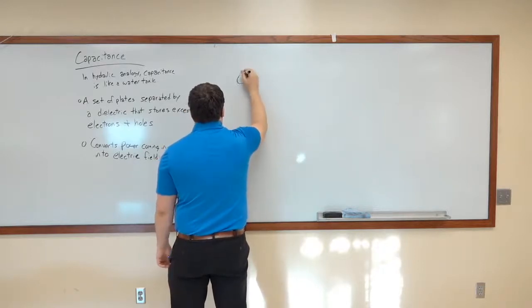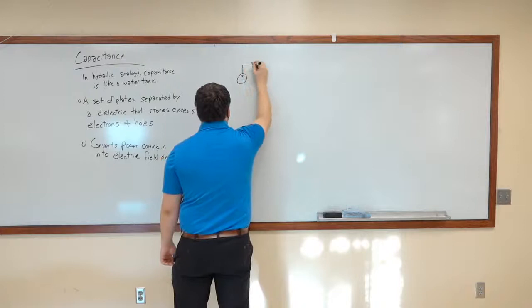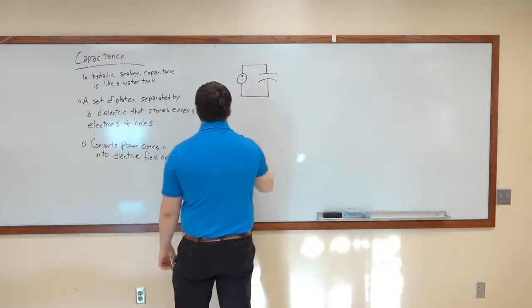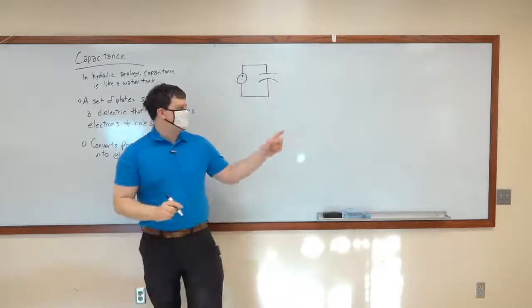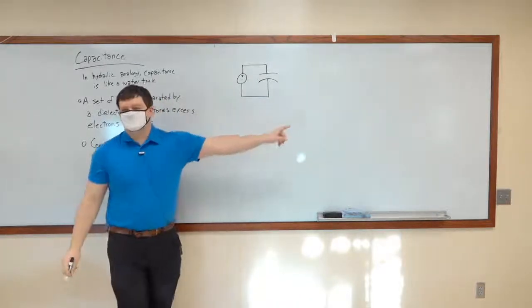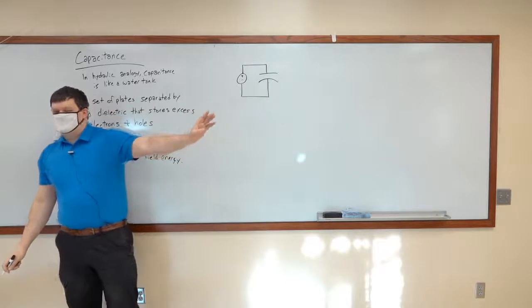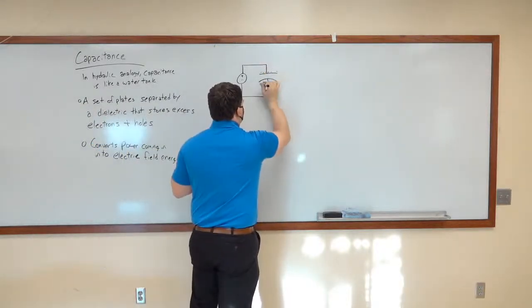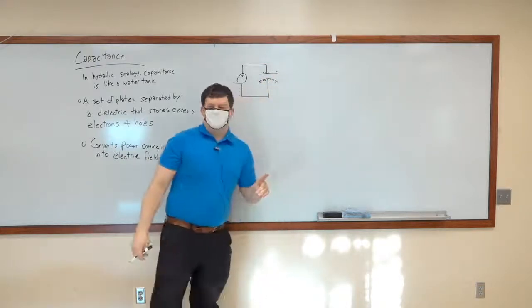Okay, very simple system. This is a capacitor. Some capacitors are shown like this. This is a one-directional capacitor. What this means is that this one can store negative charges, this one can store holes, but not the other way around.